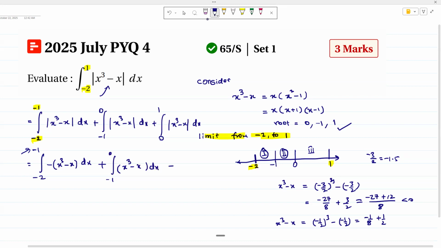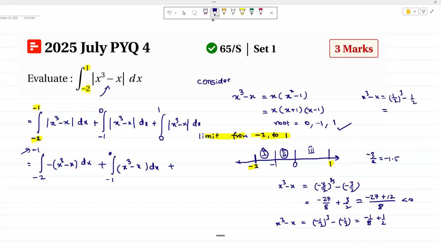And then look at the next interval, from 0 to 1. There, 1/2 is there, right? So I am substituting in x cube minus x, replacing the x value with 1/2. So (1/2) whole cube minus 1/2. So 1/8 minus 1/2. Of course, again, it is a negative value.